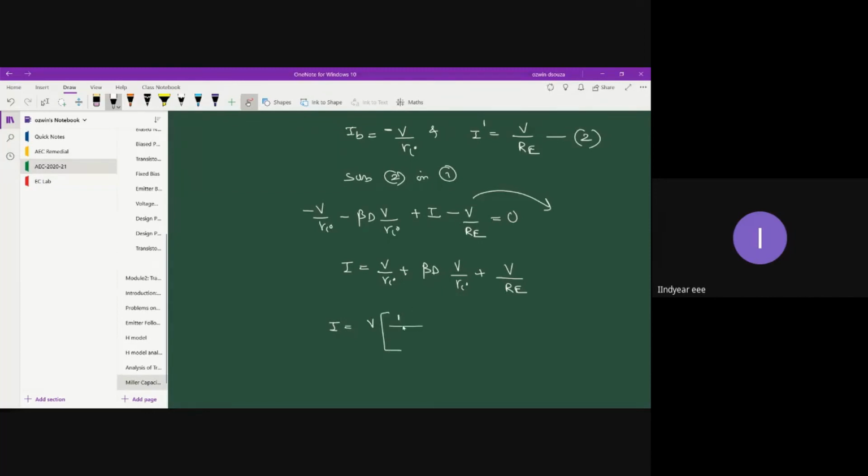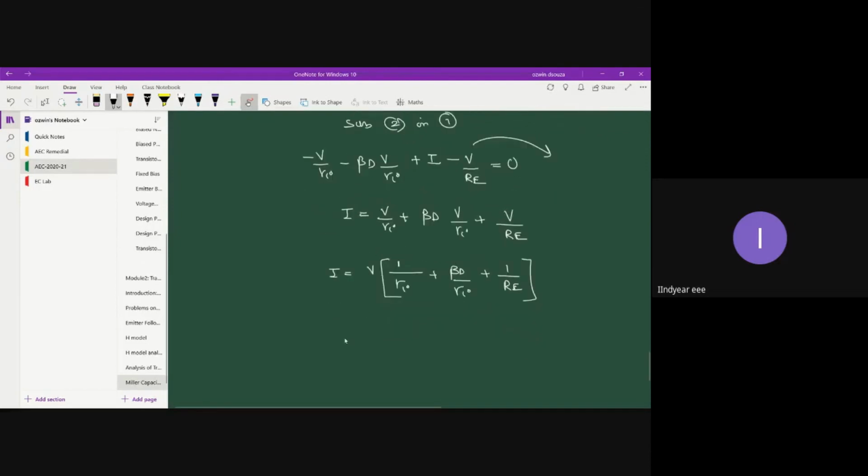So this is V into 1 divided by RI plus beta D divided by RI plus conductance, that is reciprocal of RE. Or take out the ratio V by I. So the voltage to current ratio, let's define it as output impedance Z0.